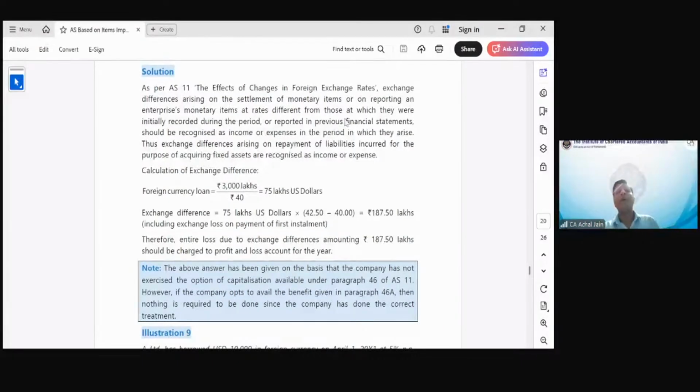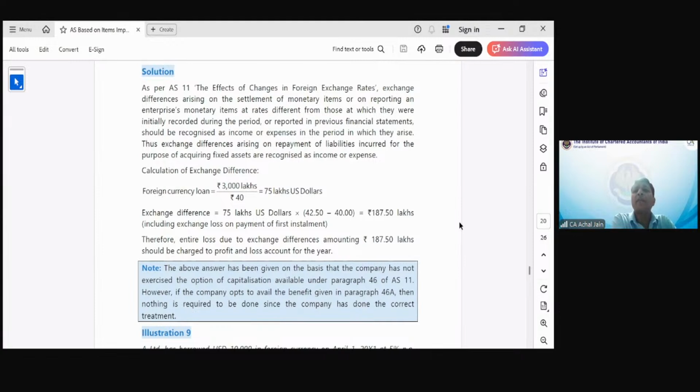But now, let's suppose the entity would have considered the criteria of para 46, 46A, then this foreign exchange loss would not have gone to P&L.